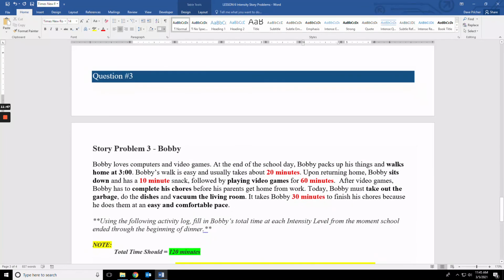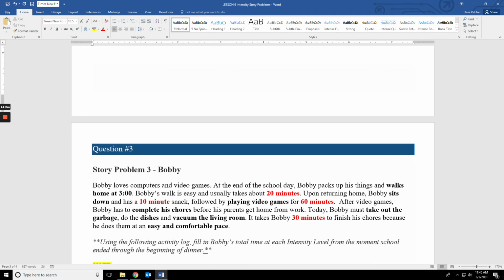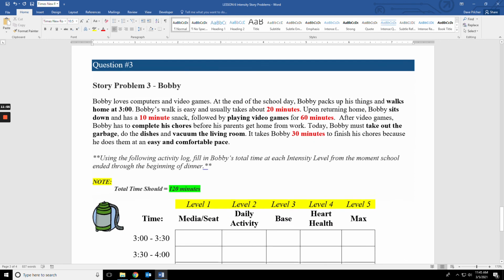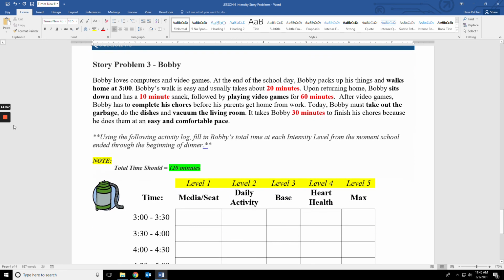And don't forget to do question number 3. This one's a little shorter and easy. One thing I want to bring to attention in question number 3 is right here where it says 60 minutes. You will need to divide that into two 30-minute time slots.